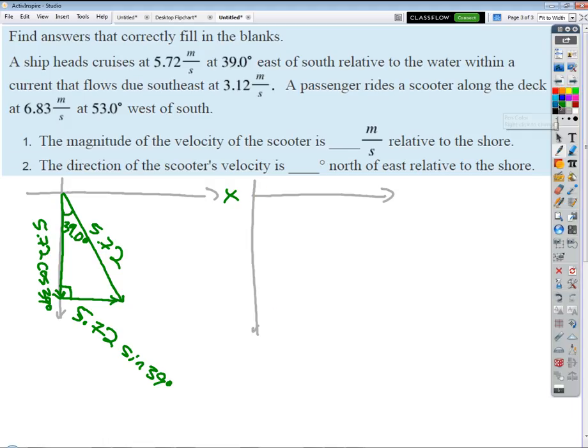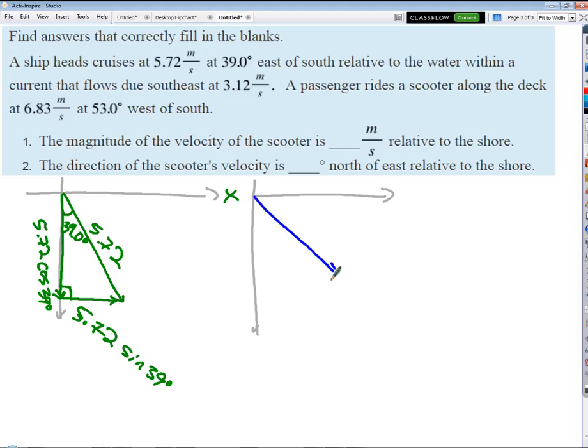We'll make the water vector blue. I can choose either of those angles to be 45; I'm going to pick this one, not that it makes a lot of difference. The magnitude was 3.12. So Ezra, what's going to be the horizontal component of the water's velocity vector?